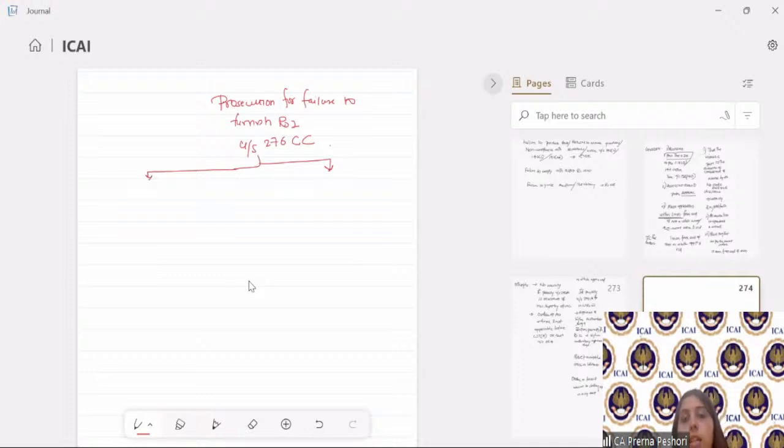The prosecution is 6 months to 7 years. So where evaded tax, where the failure to furnish the return under 139(1), or it is not only 139(1), 142(1) where the AO issues the notices, or 148, then prosecution under section 276CC, and where evaded tax is greater than 25 lakhs, then it is going to be 6 months to 7 years.